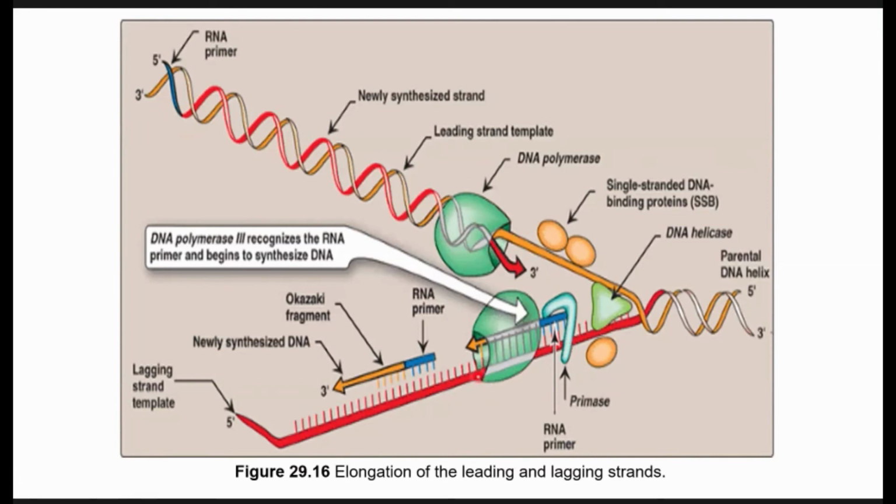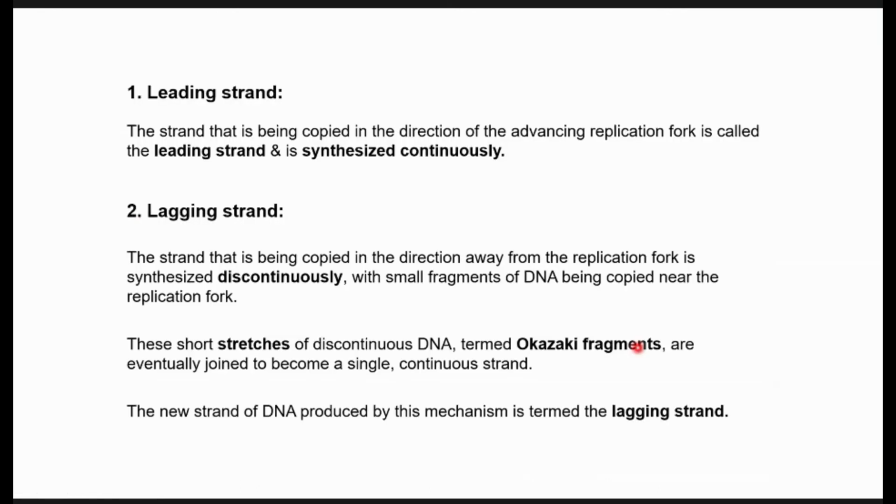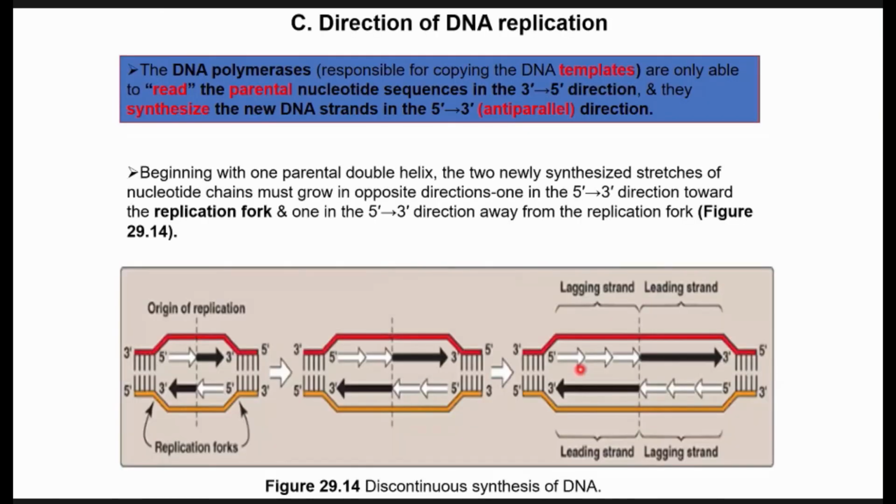It duplicates this, then when it opens on this side, it will replicate one segment, then when it opens another one, it replicates that. So it will not be continuous. The conclusion is you have two types of strand: a leading strand, which is synthesized continuously, and the lagging strand, which is synthesized discontinuously and in fragments, and these fragments are called Okazaki fragments. So this is what we need to know about this information.